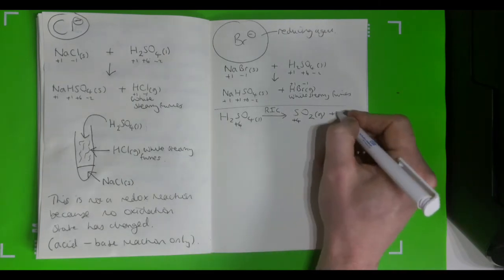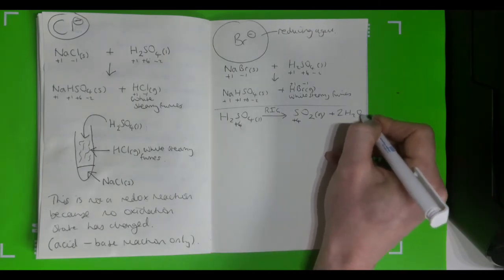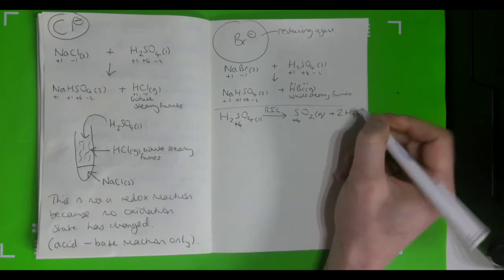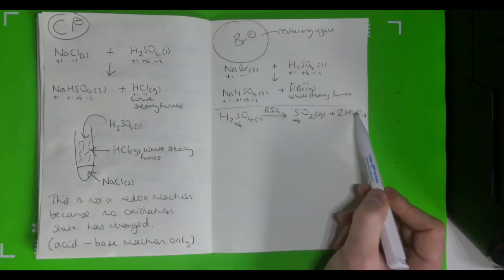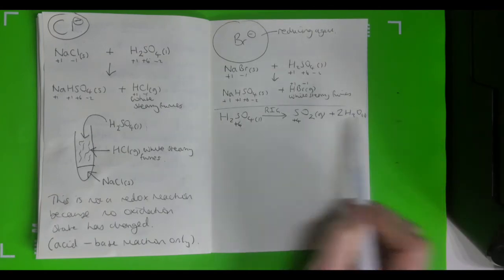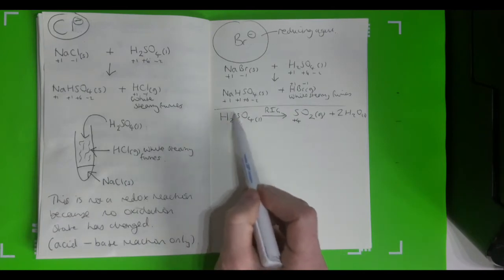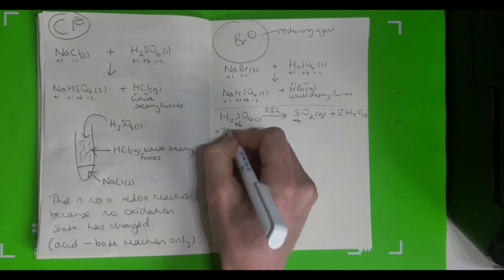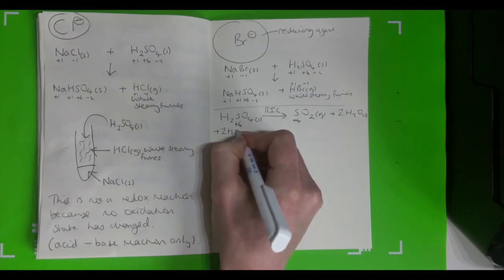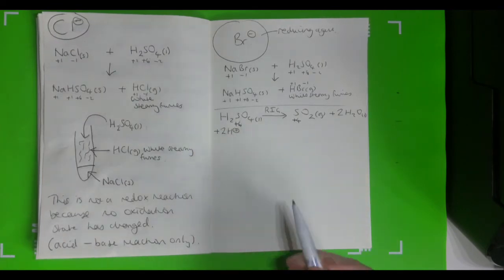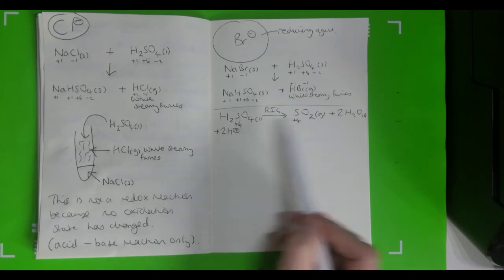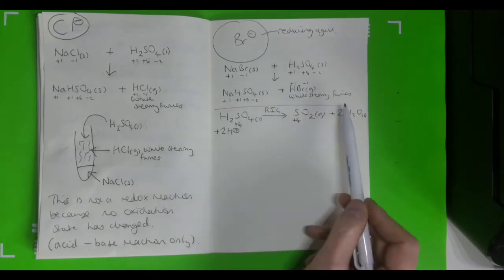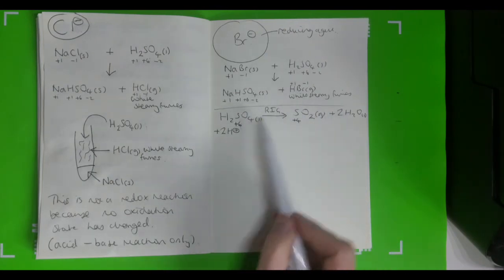So I need to add 2 more waters. Now I've got 4 hydrogens here, but only 2 there. So I need to add 2 more hydrogens to this side. Remember, we always add H+. So I've now got the right number of hydrogens on each side, the right number of sulfurs on each side, the right number of oxygens on each side.